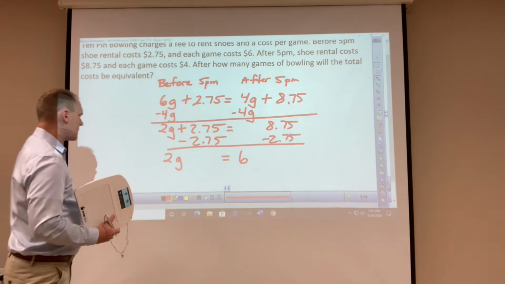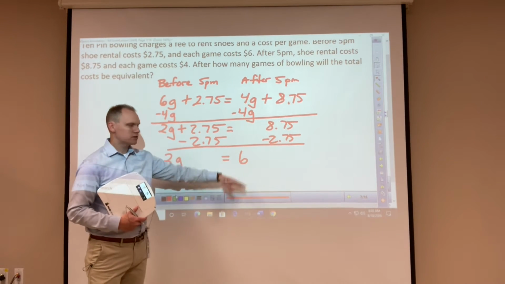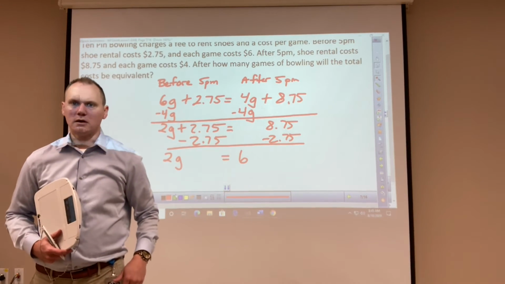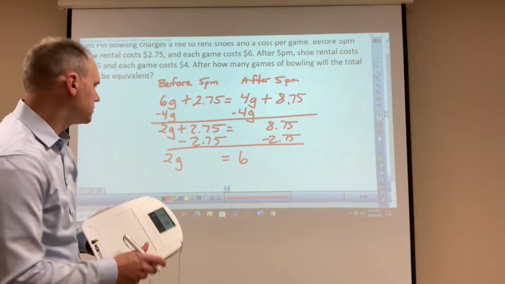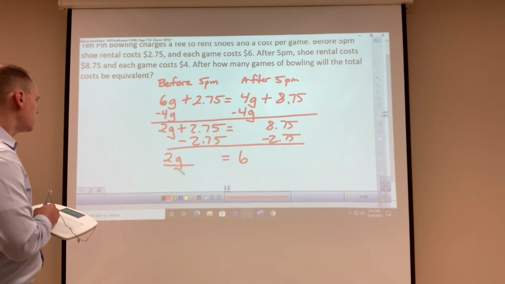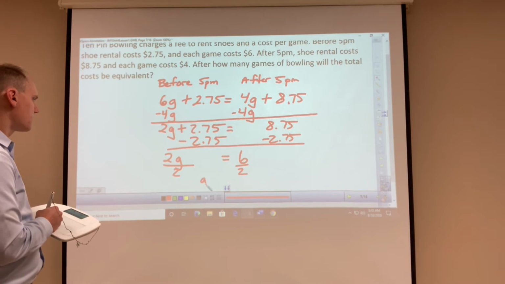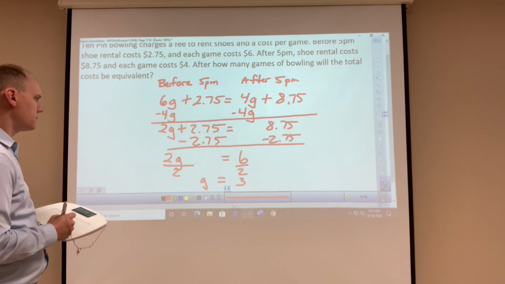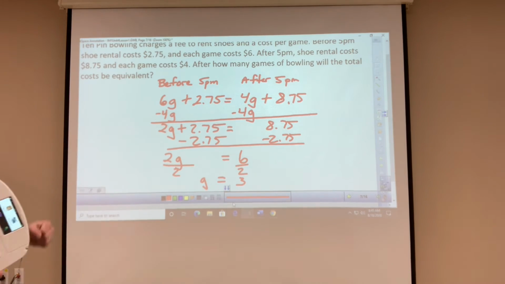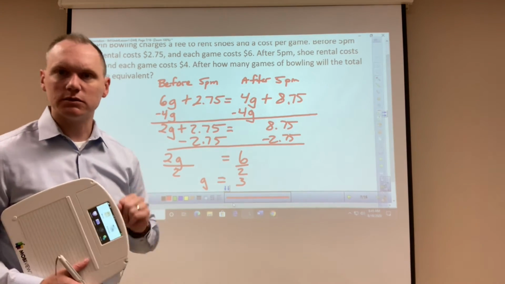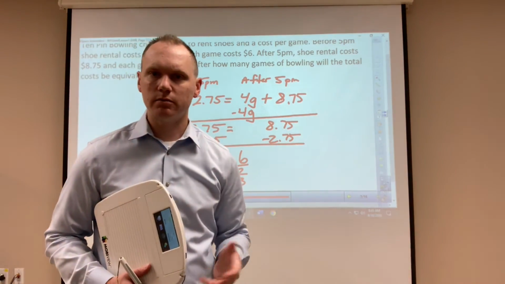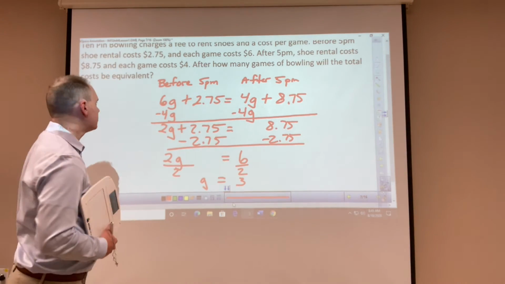So if two sets of G equals 6, what will one set of G be? So you can think about dividing both sides by 2, and G would be 3. So after three games, it would be the same cost, right?